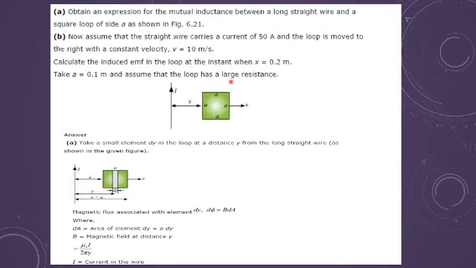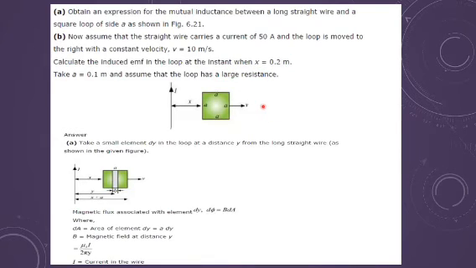So the second part is a numerical, but the first part of this question is theoretical. You have to simply derive the expression for the mutual inductance. In the second part, you will be finding the induced EMF by using the formula. So these are the two parts with you.